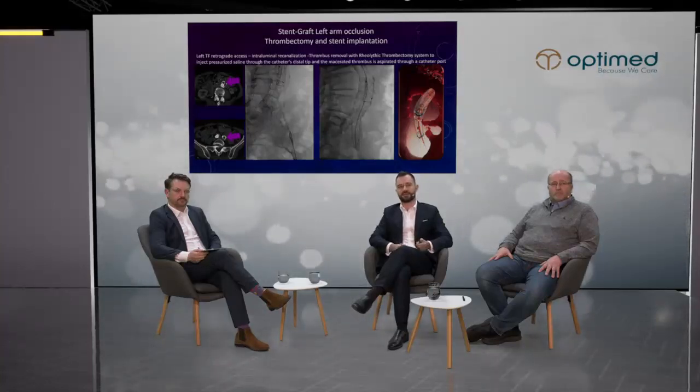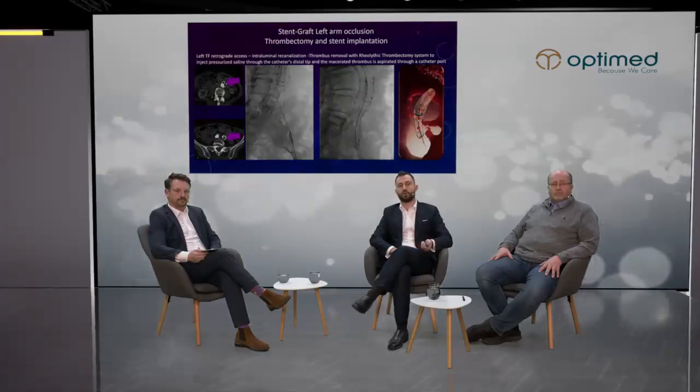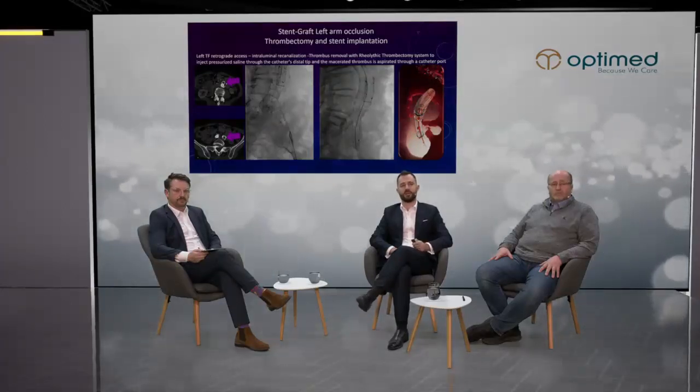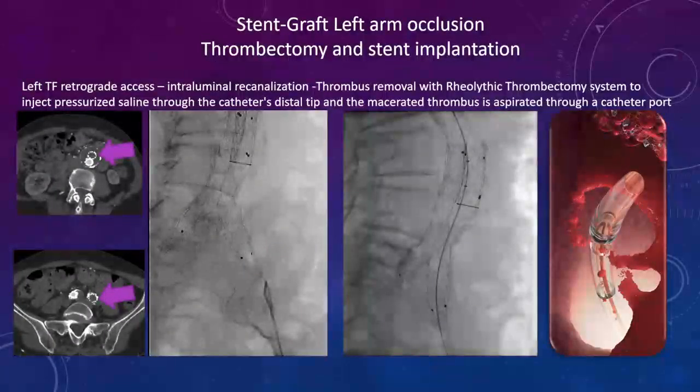Another scenario: when you implant a stent graft, sometimes it happens that occlusion of one of the limbs can occur. It was a patient with subacute limb ischemia, a 7 day old occlusion. After the retrograde approach, we used pharmacomechanical thrombectomy. The principle is to inject pressurized saline through the catheter distal tip, and the macerated thrombus is then aspirated through the catheter port.